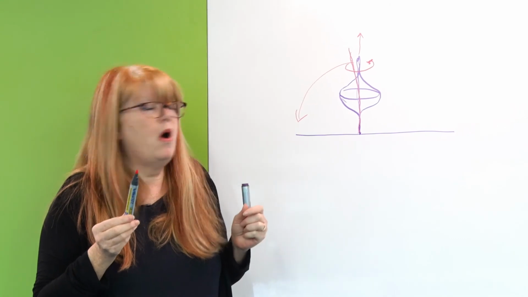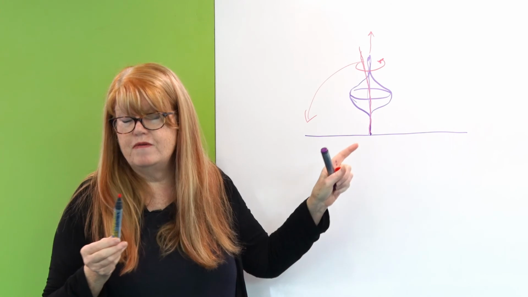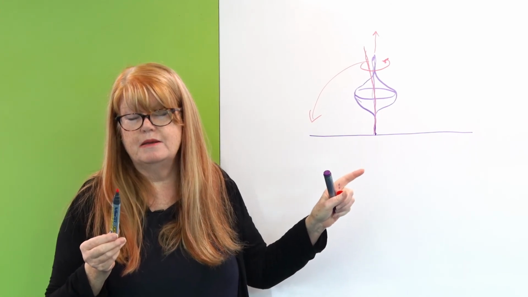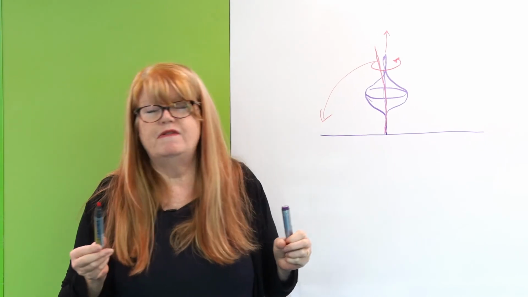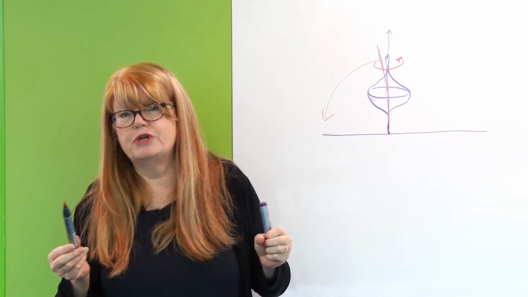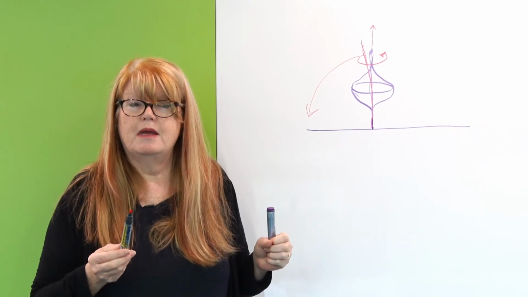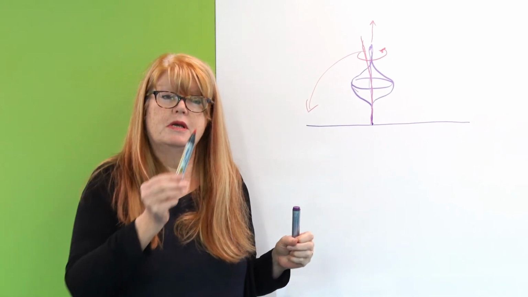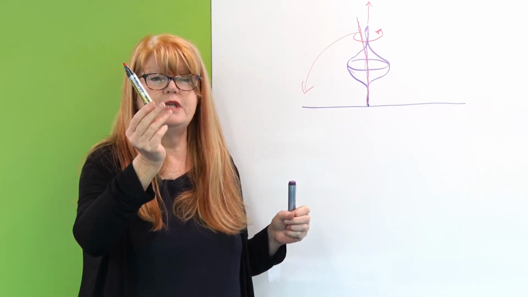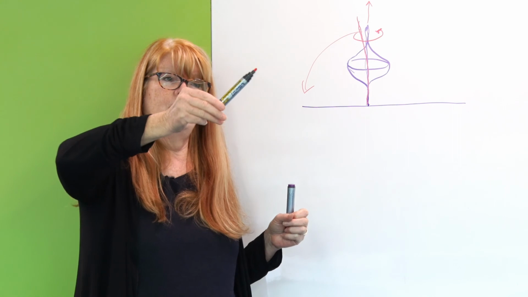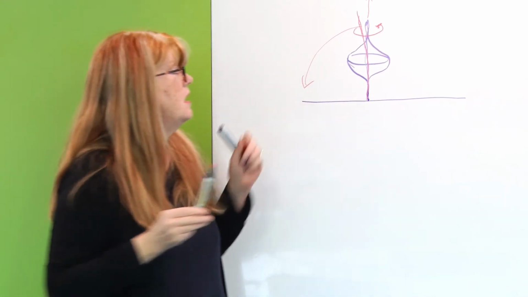The reason why the top doesn't fall over when it's spinning is the same reason our gravity-defying wheel doesn't fall down when it's spinning. And also we notice that the spinning wheel precesses around the vertical, just like our top does.